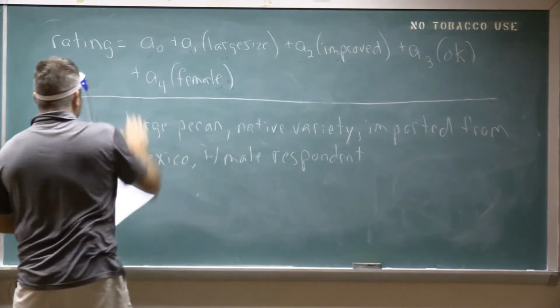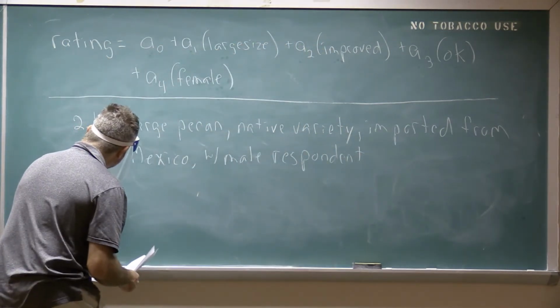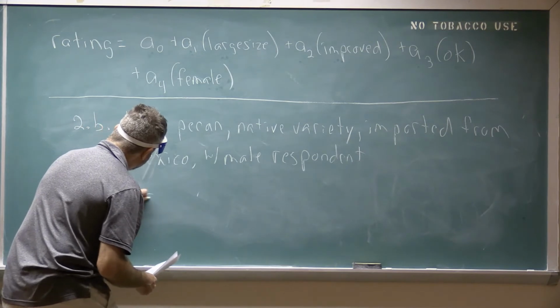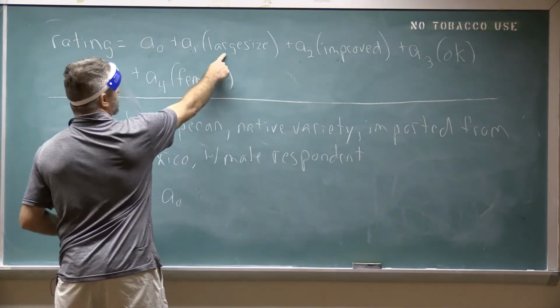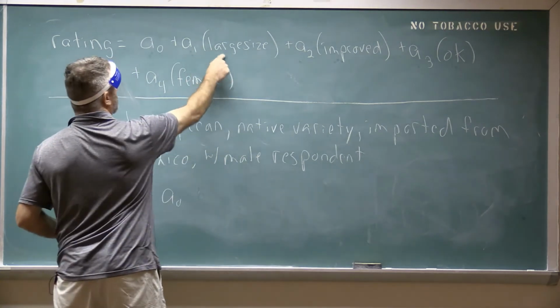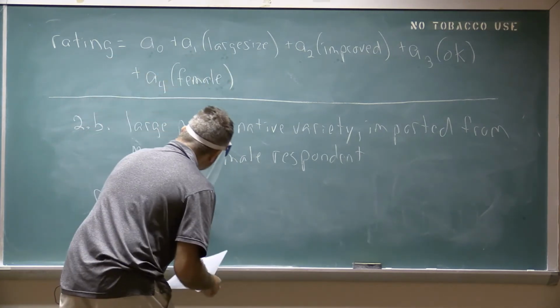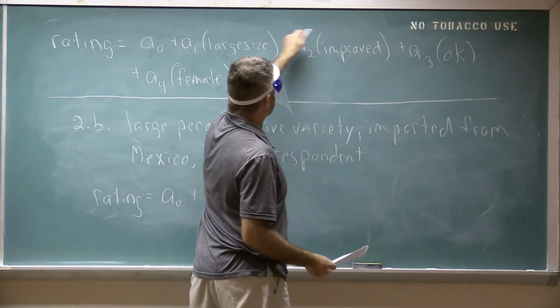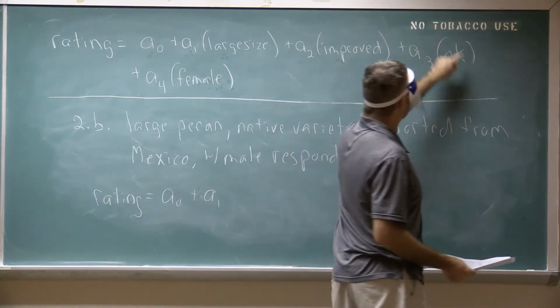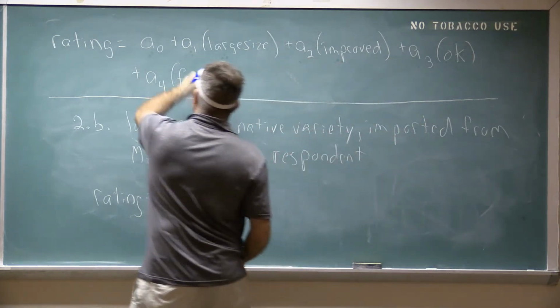We still have A0. A0 is just a number. Now, large size does equal 1, so 1 times A1 is just A1. But improved is 0, so this becomes 0. Oklahoma is 0, so this becomes 0. Female is 0, so this becomes 0.